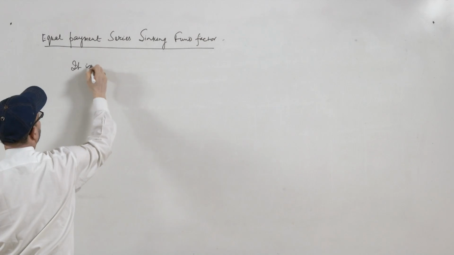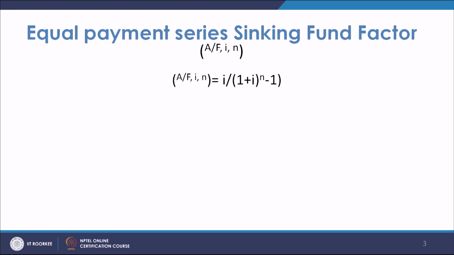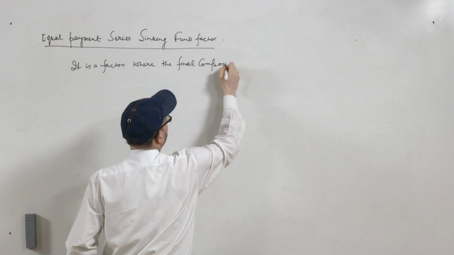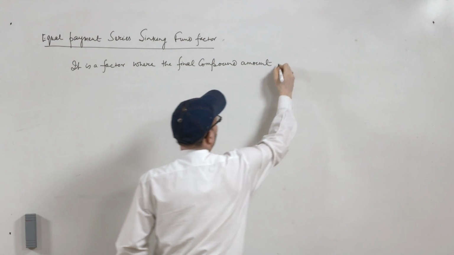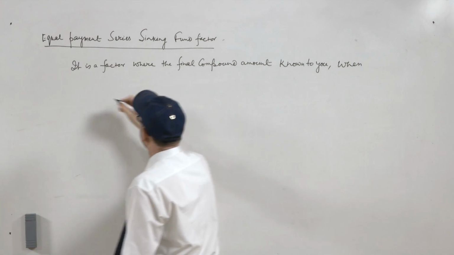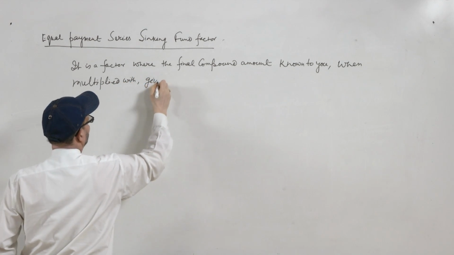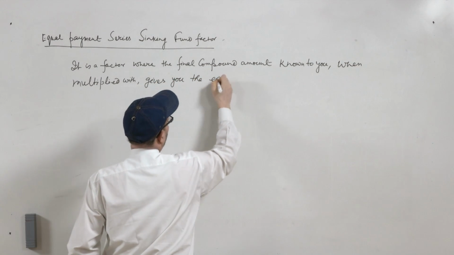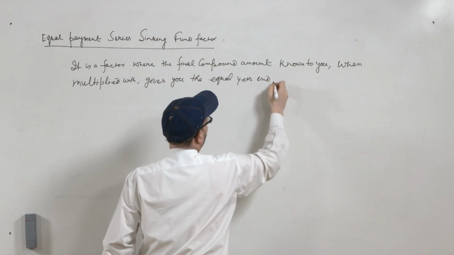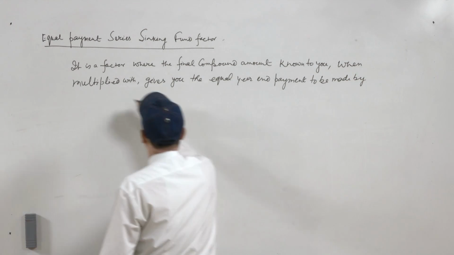It is a factor where you know the F, the final compound amount, known to you, when multiplied with it gives you the equal year end payment to be made by you.